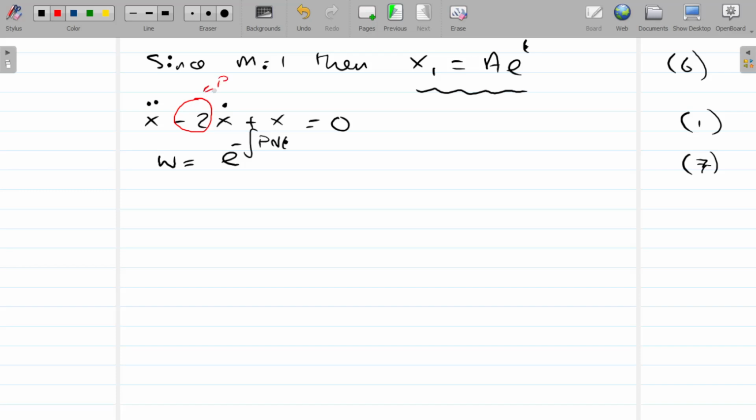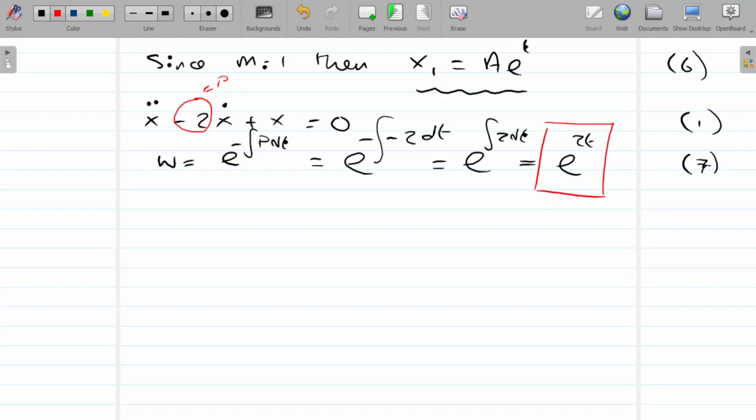So the Wronskian is equal to e to the minus the integral of minus 2 dt, and that simply becomes e to the integral of 2 dt, which is simply e to the power 2t. That is our Wronskian. We'll keep that as equation 7. So let's just outline that in red, because we'll need that.